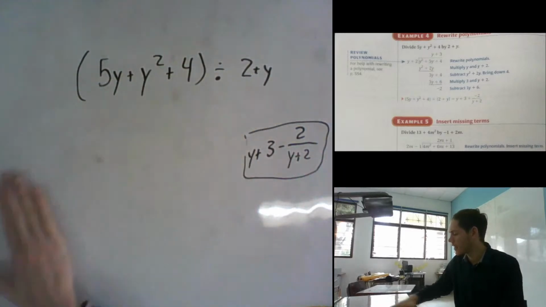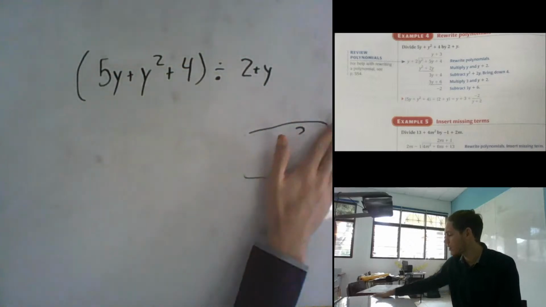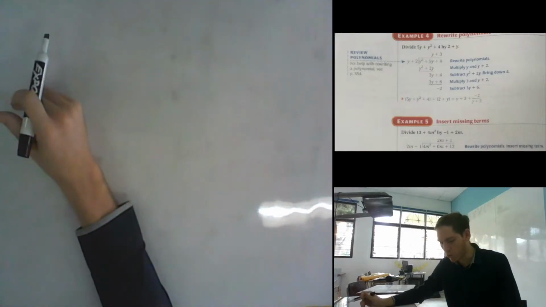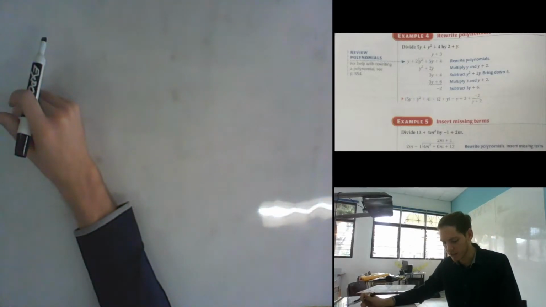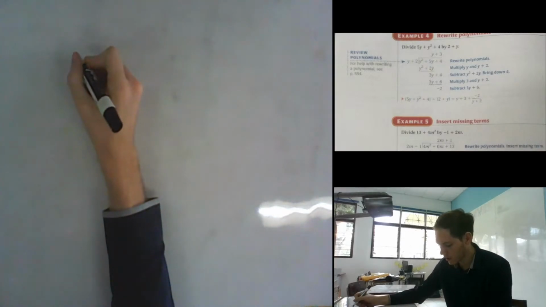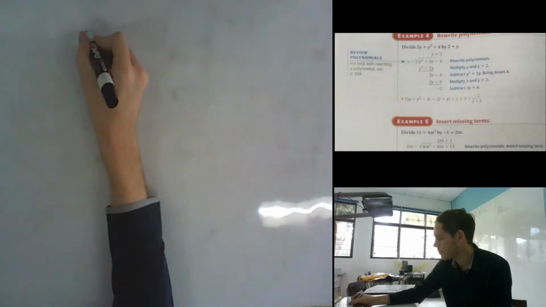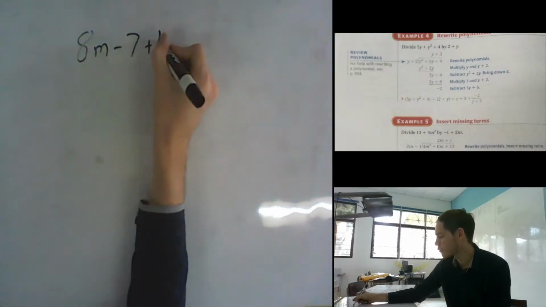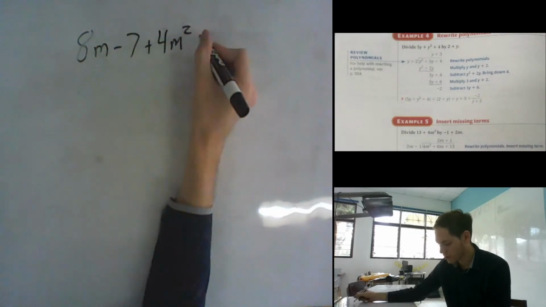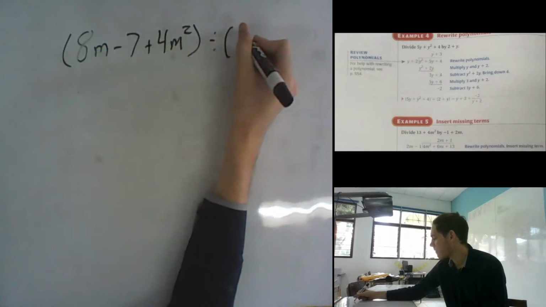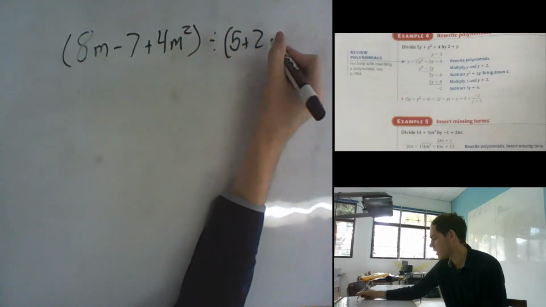So, Sam, did you understand how I got my 2y? I'll show you another problem so that I can show you why we would get something like that. Okay, let's do this: 8m minus 7 plus 4m squared, and we're dividing this by 5 plus 2m.